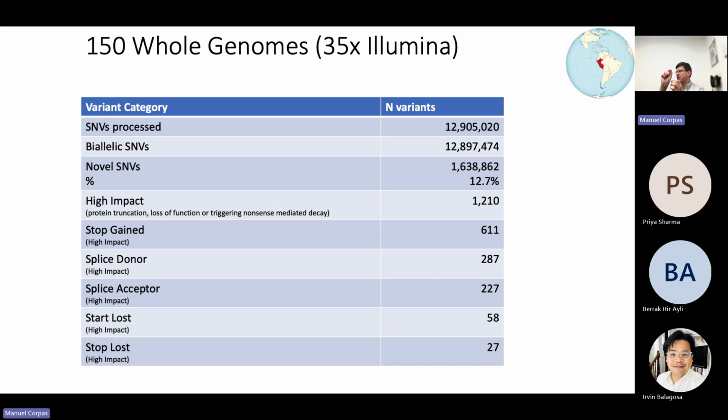So if you have a variation that changes the resulting protein sequence, then potentially that's a risk factor. Now, there are going to be some changes that do nothing, but there are some others that can completely truncate, disrupt, and basically make the protein completely dysfunctional or non-functional. That's what we call high impact.